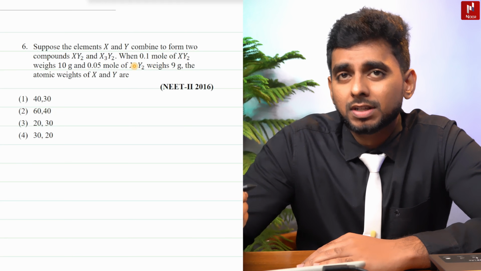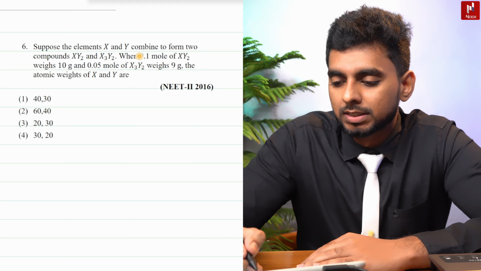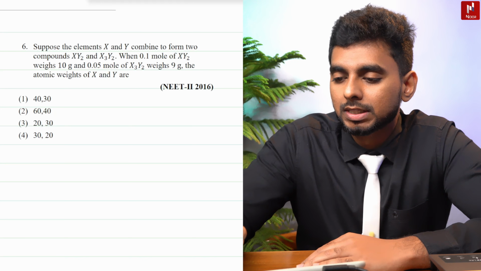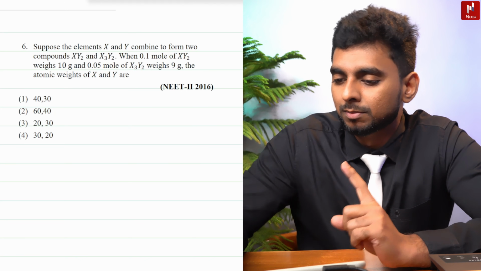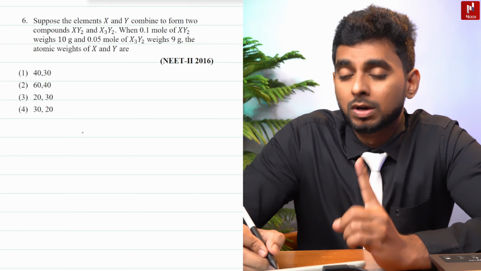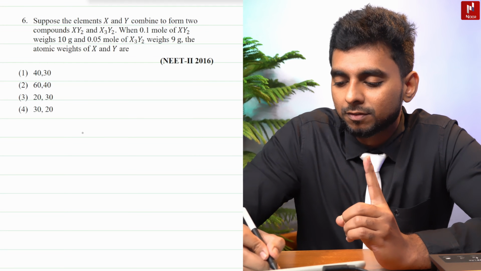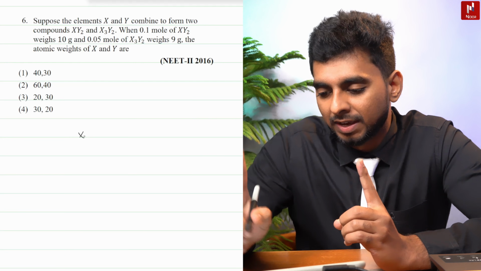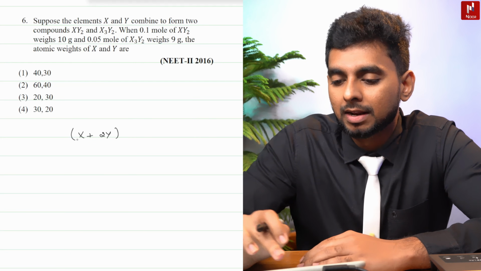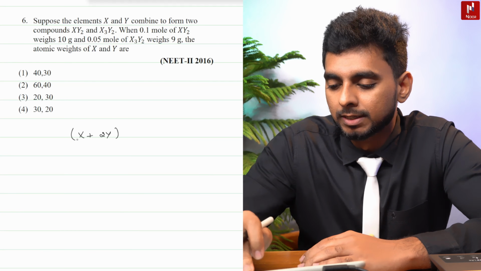In this question, they haven't considered 1 mole. Instead, they have considered 0.1 and then 0.05 mole. First, let me consider it for 1 mole. If it was 1 mole of XY2, then I'll have 1 mole of X, and same way I'll have 2 moles of Y in the compound XY2, isn't it?